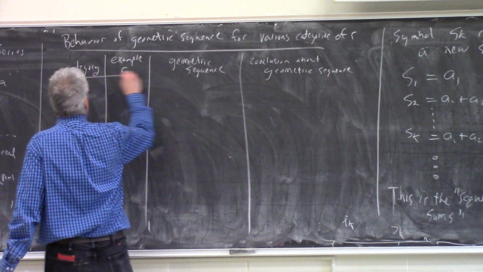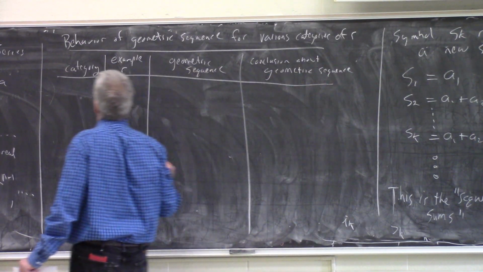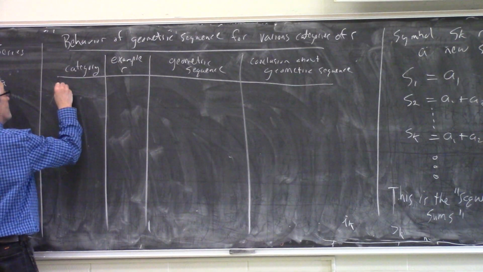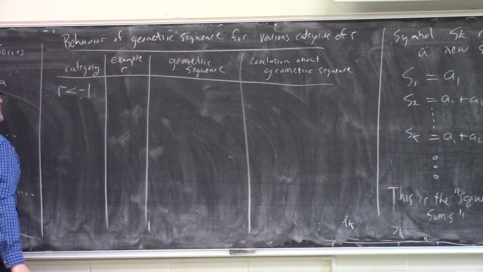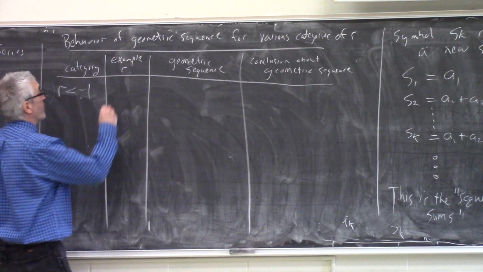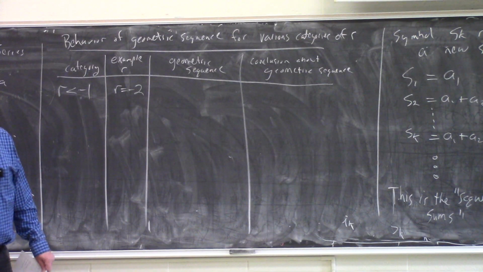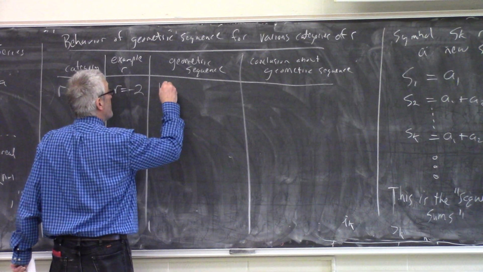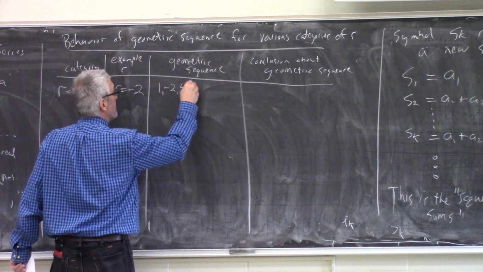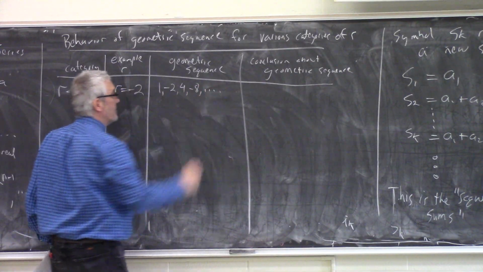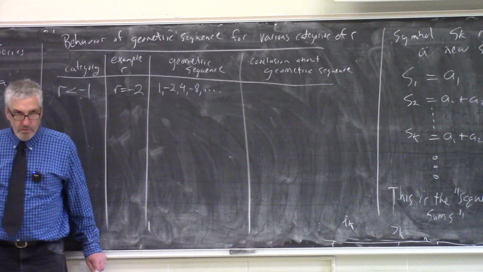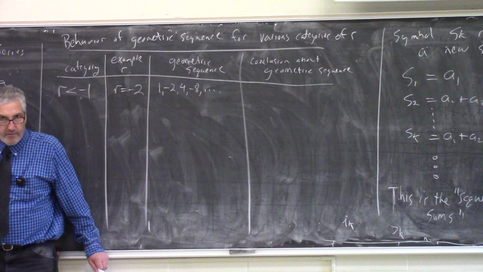So the first category is R less than -1. An example of an R in that category could be R equals -2. And so the geometric sequence for that R would be 1, -2, 4, -8, and so forth. So who wants to make a conclusion about that geometric sequence?